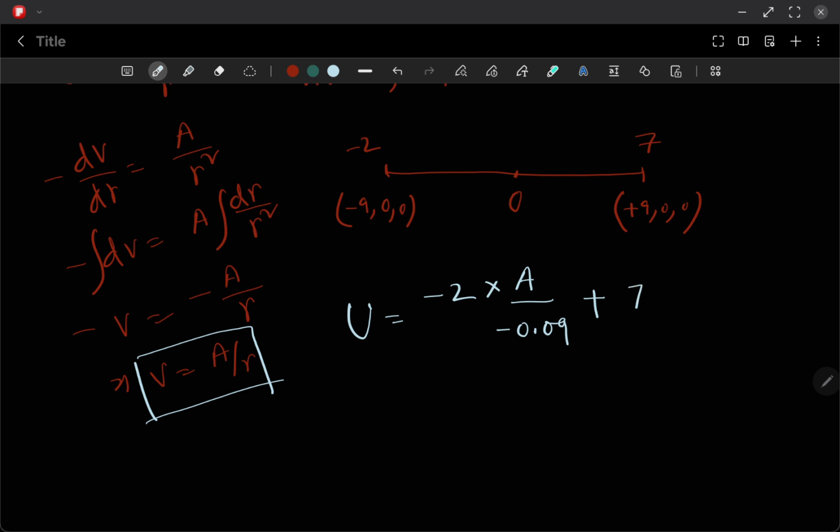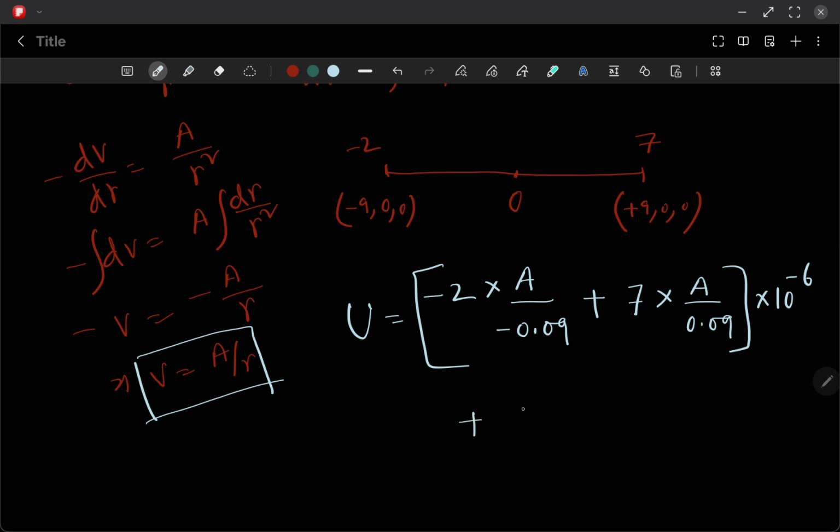Q2 is 7 into A by R, R is 0.09. These are microcoulomb, right? So we multiply by 10 to the power minus 6. Q1 V1 plus Q2 V2, take 10 to the power minus 6 common for the microcoulomb.